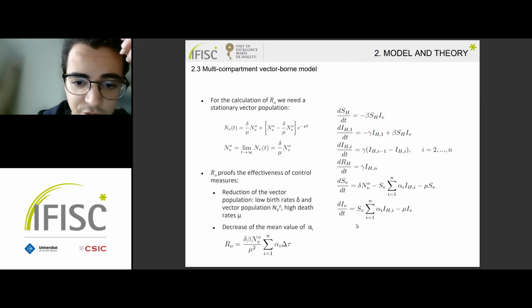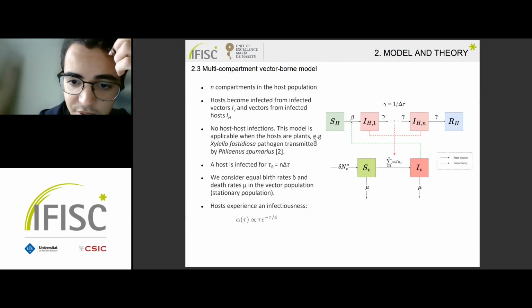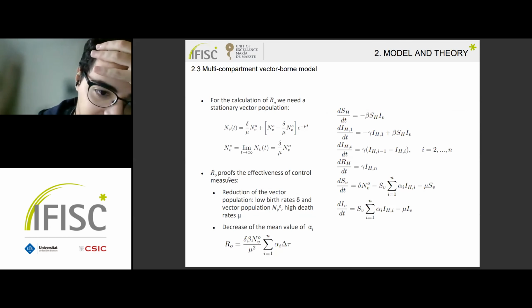And these are the equations that represent the model that we showed in this schema here. The reproduction number that we get from this model is given by this expression here. This expression for the reproduction number proves the effectiveness of control measures. We know that if we want to control the disease, we need to control the vector population, which is obvious, but it is proved in this equation.